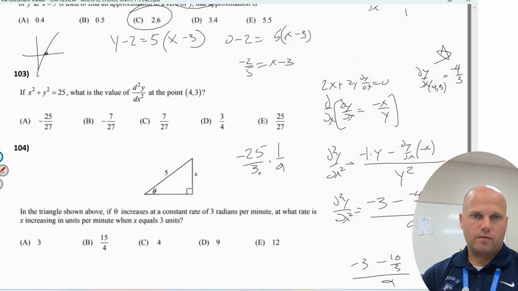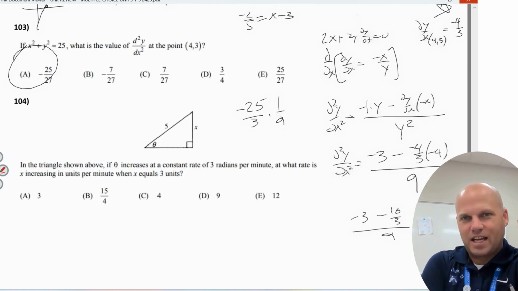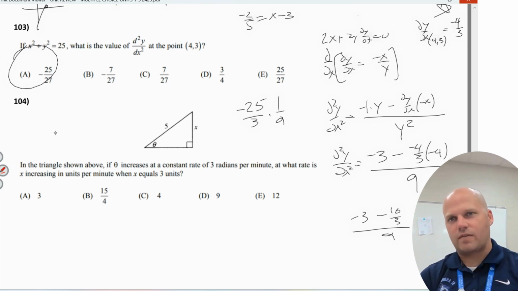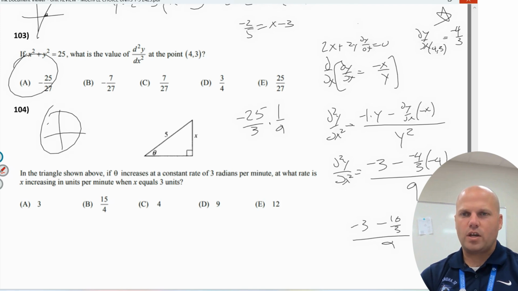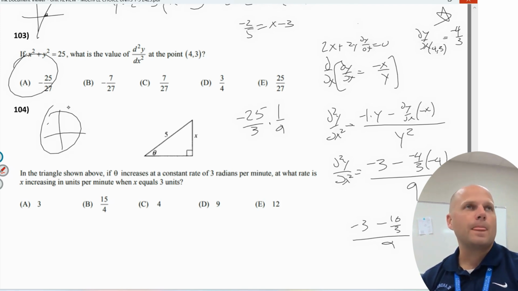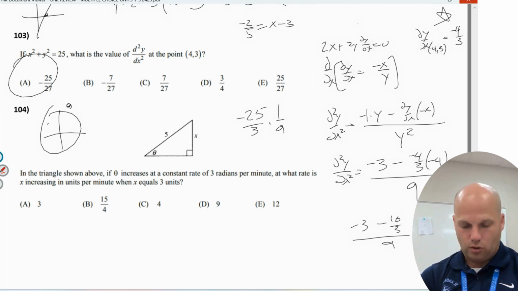So minus 25/27. Oh, good. Thanks for giving me positive and negative 25/27. It's not nice. Concave down. That makes sense if this is the equation of a circle, x squared plus y squared equals 25. It's a circle of radius 5. 4, 3 is in the first quadrant, which is where our circle is curving downward. So that's it.